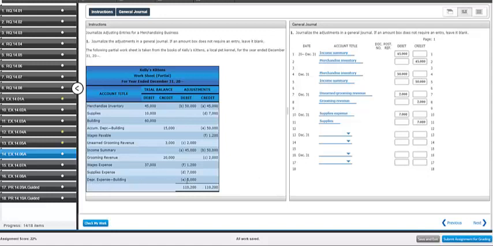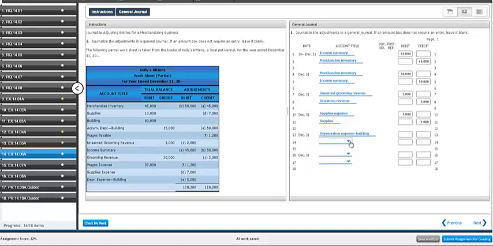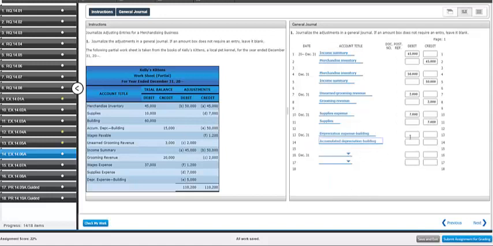We debit depreciation expense and credit accumulated depreciation. And then our last entry is for unpaid wages. So wages expense is debited for $1,200, and wages payable is credited for $1,200.